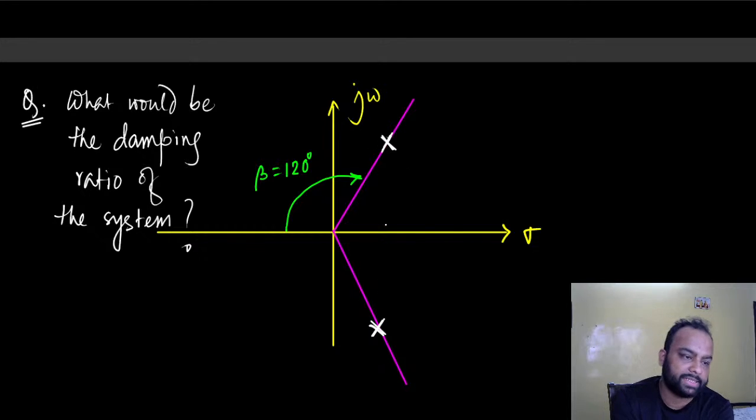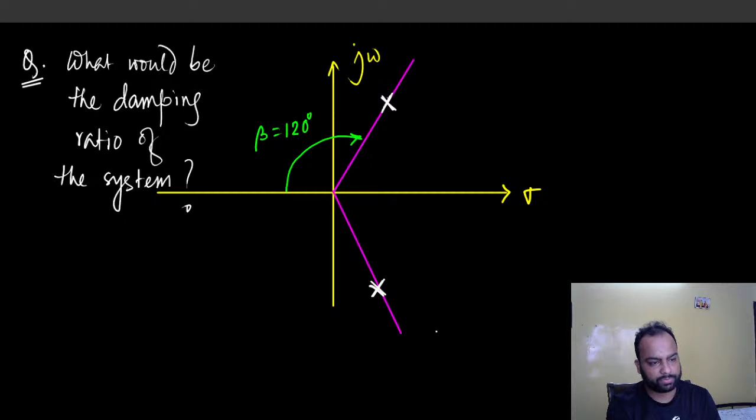So we have complex conjugate pole pairs, and beta is something like 120 degrees here. It's a very simple question, and I would suggest you figure out what the damping ratio is. All right, we are going to figure out things later on.